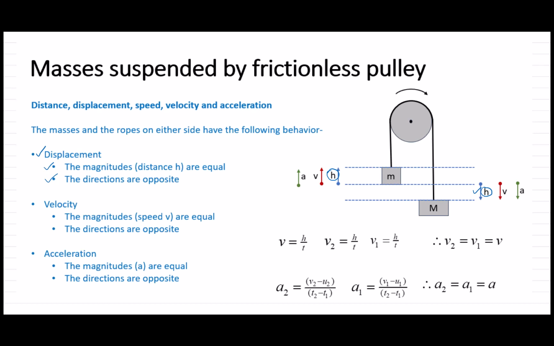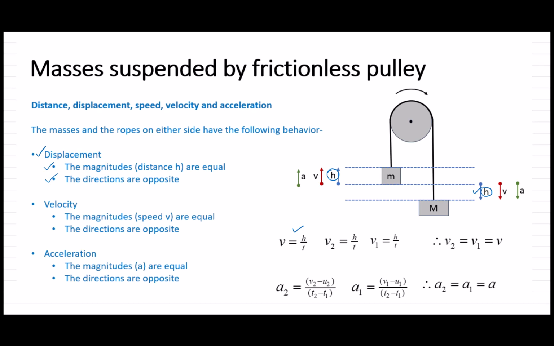Now, talking about the velocity, or I would say first the magnitude of velocity, which is the speed. Speed is given by distance over time, which in this case is h over t, and h is the same for both the left hand side and the right hand side, and the time is also the same for both sides. The event is happening in the same time, left side going up and right side going down.